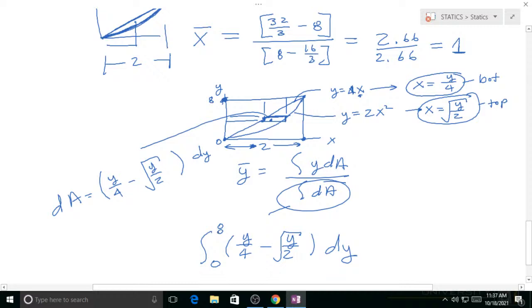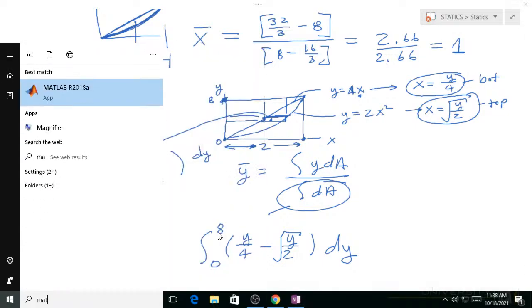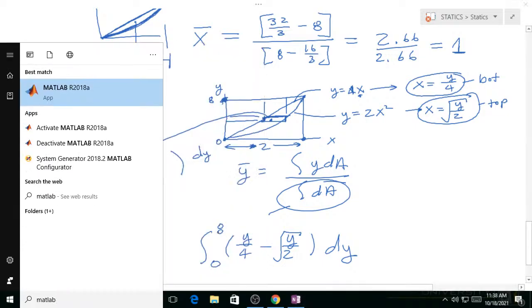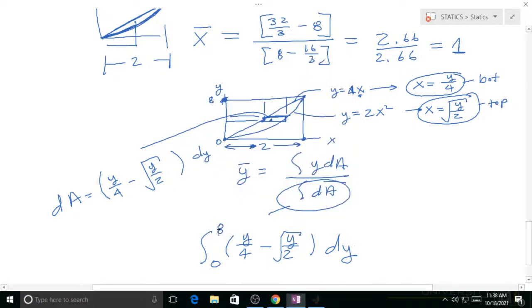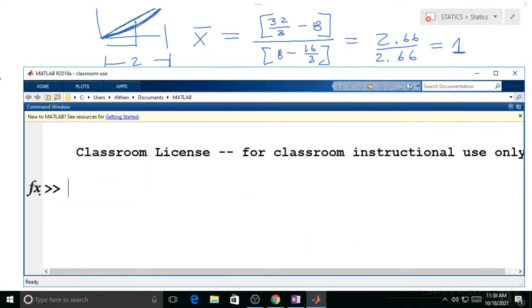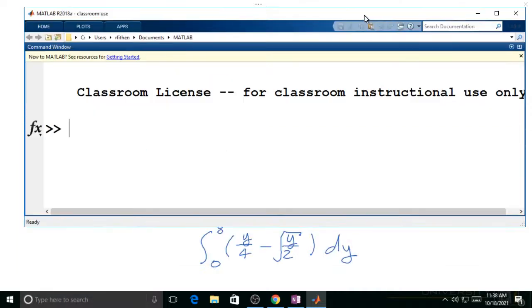You know what? I'm going to let MATLAB do that. I'm okay doing some of these by hand, but I'm just getting lazy. Okay, let's see if I can remember.